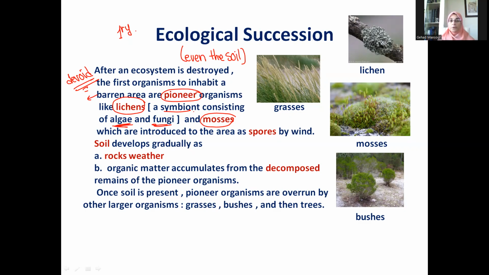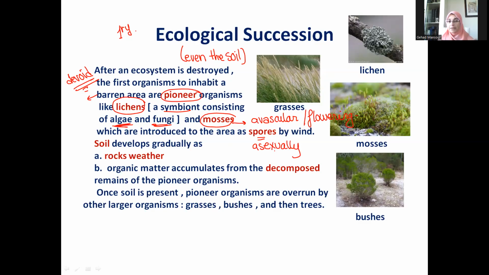Other than this symbiotic relationship of the lichens, we have the mosses. And the mosses are a type of primitive plants that are avascular plants, meaning that they don't have xylem or phloem, they don't have vessels inside them, but still they are flowering. So they look like short grasses or short herbs, and they reproduce asexually by spores.